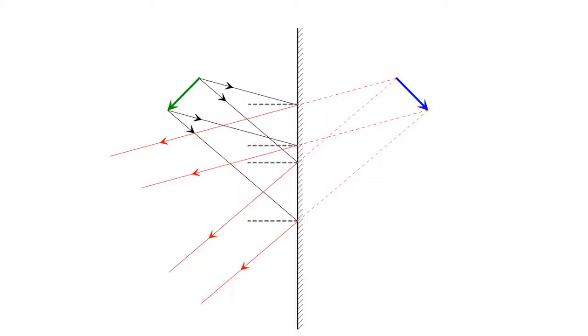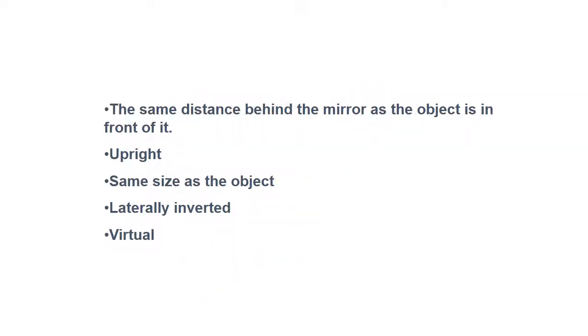Angle of incidence equals angle of reflection, and therefore you can move the virtual lines back from the plane mirror to find the positions on the x and y axes of the 2 points. Join them up to give you the arrow. So the image will be the same distance behind the mirror as the object in front of it. It will be upright, the same size as the object, laterally inverted, and also virtual.